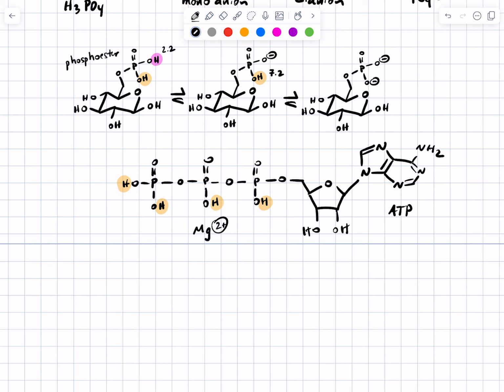Right? So now the conjugate base doesn't just have a negative charge, it's paired with a corresponding complementary cation. And that can make it really, really easy to lose a couple of protons so that you end up with something like this instead, where there's an ionic interaction between these negatively charged phosphate groups and magnesium.